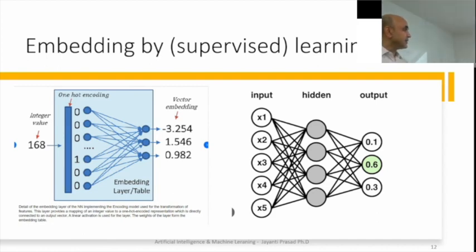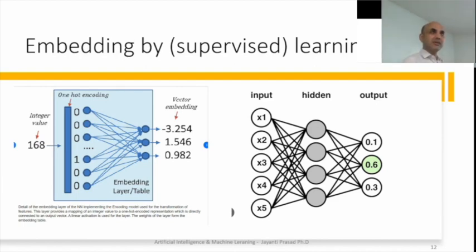And what will be interesting is that in a neural network, there are layers of neurons, and every neuron has a weight matrix associated with it. And when we do deep learning, we actually learn the weights of these neurons, these weight matrices. So in case of our embedding, we are interested in the embedding layer, which is, after one hot encoding, the first layer.